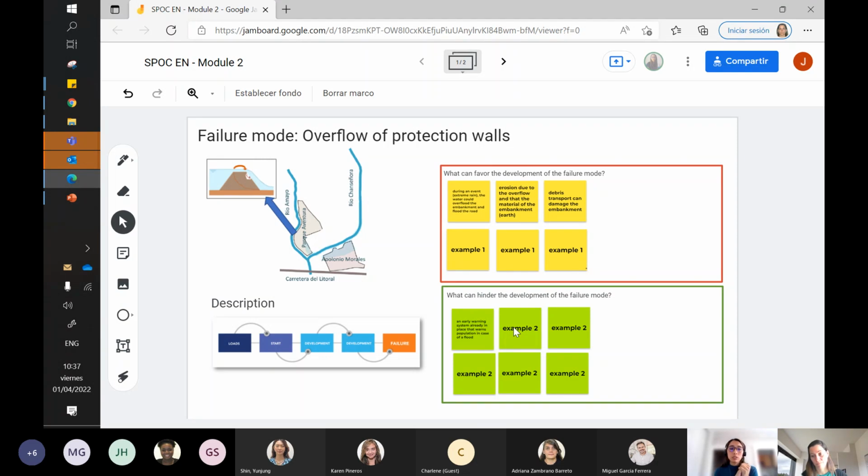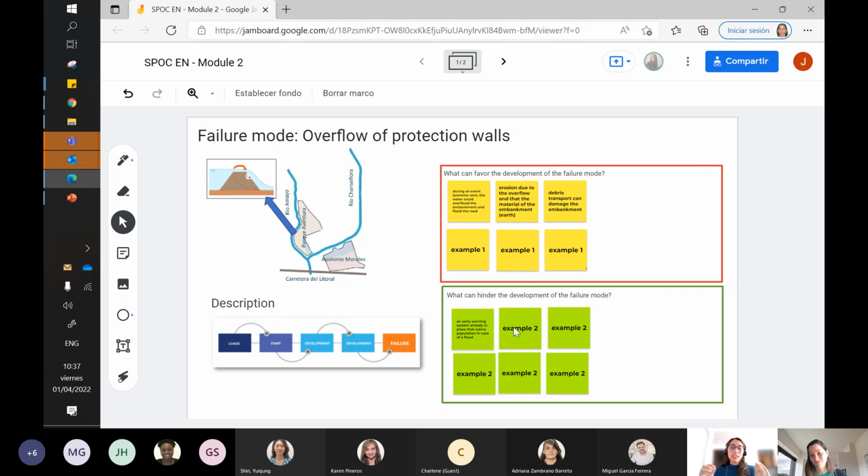That's a great example also, and also a great example to see the difference. If the designs are already considering this sacrificial area, that's a factor that hinders the development of the failure mode. If we are proposing a sacrificial area, that's different.